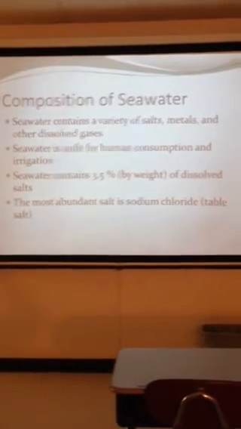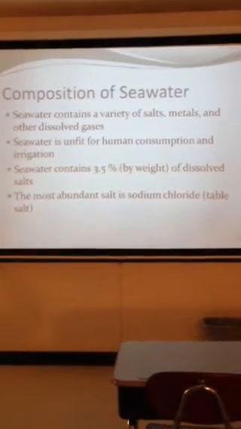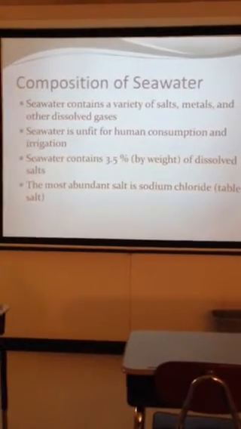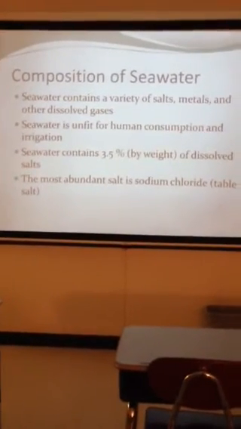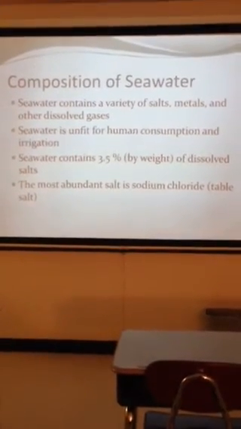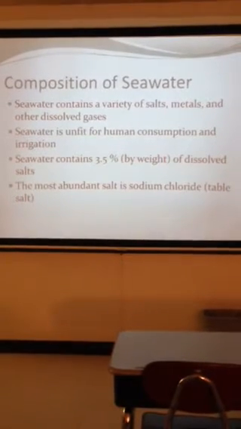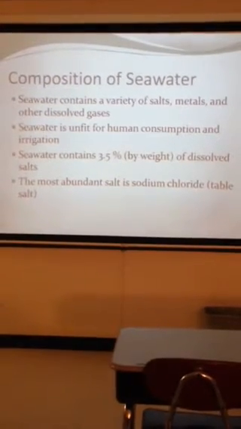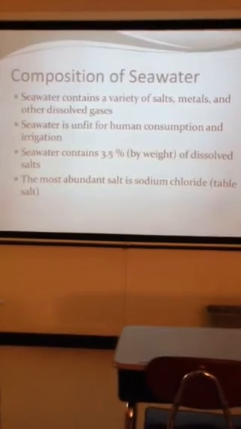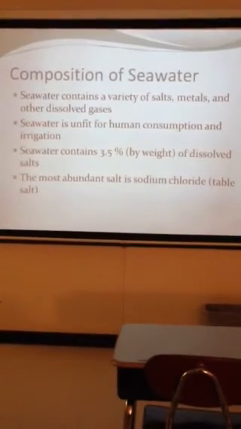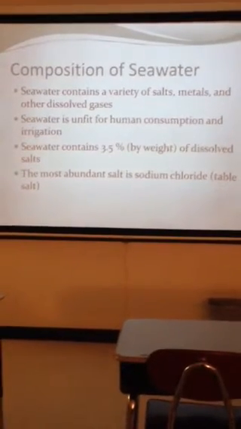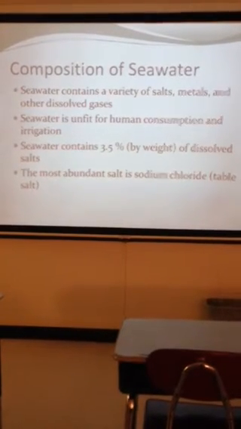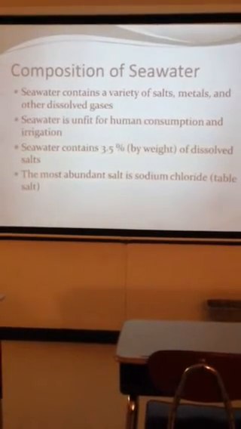For composition of seawater, remember the word composition means the makeup or the structure of the seawater. So seawater or salt water contains a variety of salts, metals, and other dissolved gases. The seawater or the salt water is unfit for human consumption and irrigation, because remember in the introductory video we watched, the salt water comes into our bodies and makes us thirstier because it is taking water out of the cells in our body.